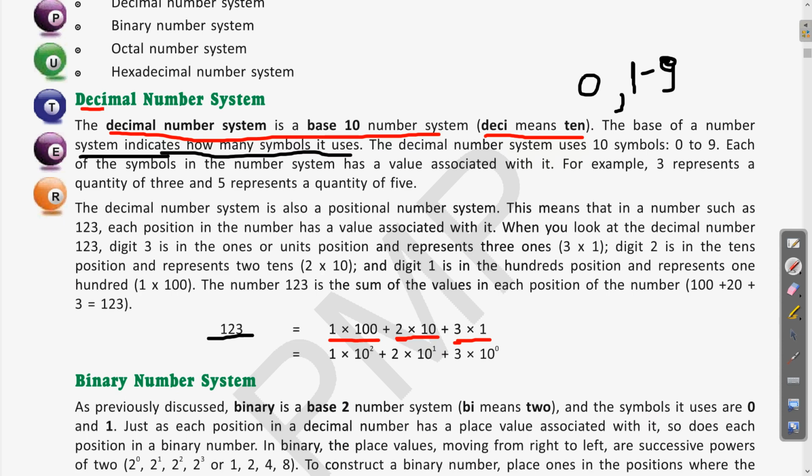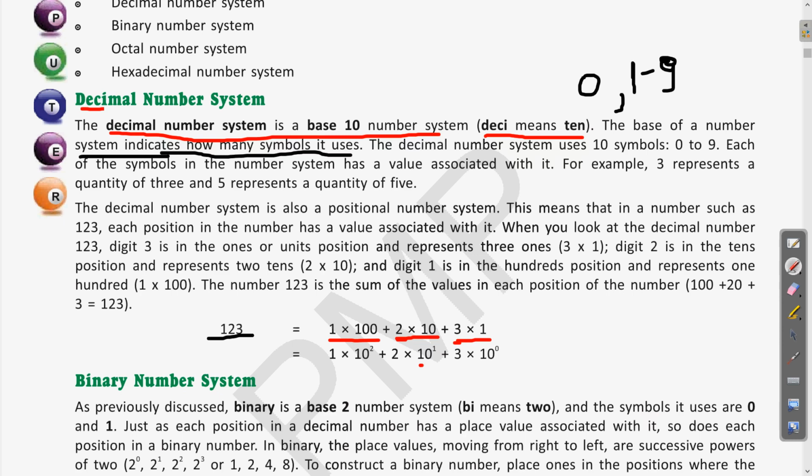As we have already studied in mathematics, this is the concept of place value and face value. At each position the digit is multiplied with a value: 1 can be written as 10 raised to the power 0, and 10 is 10 raised to the power 1.